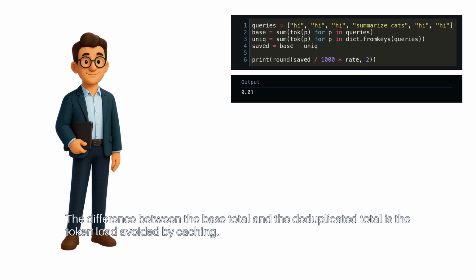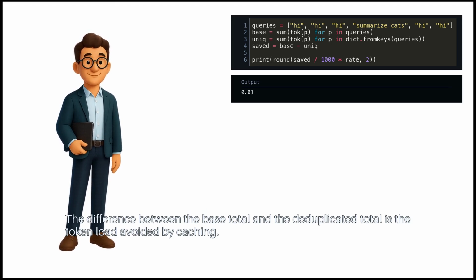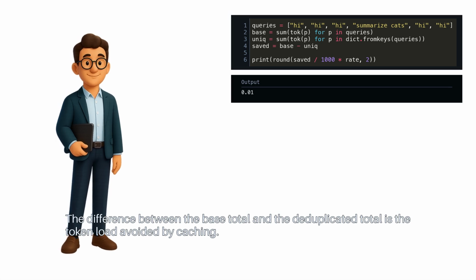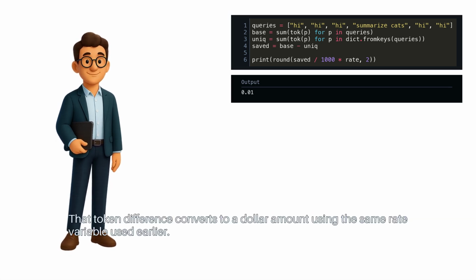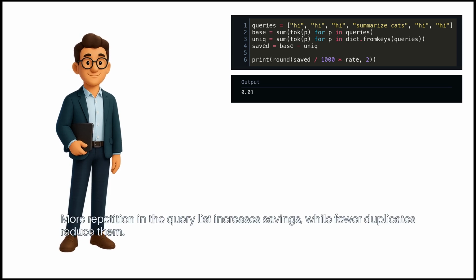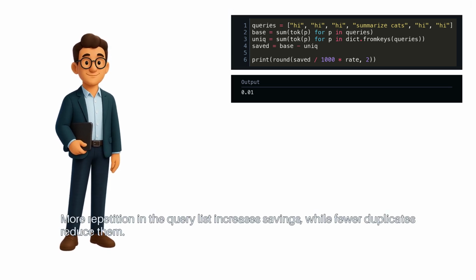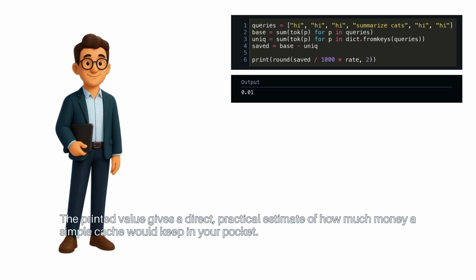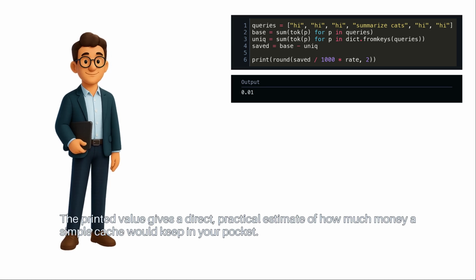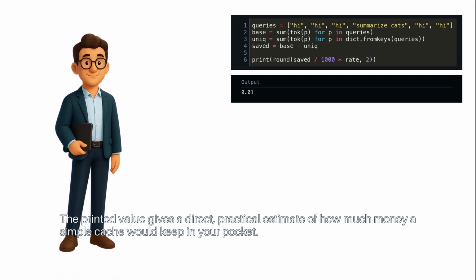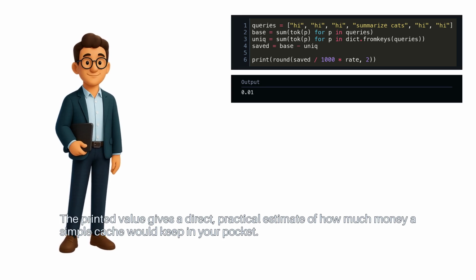The difference between the base total and the deduplicated total is the token load avoided by caching. That token difference converts to a dollar amount using the same rate variable used earlier. More repetition in the query list increases savings, while fewer duplicates reduce them. The printed value gives a direct, practical estimate of how much money a simple cache would keep in your pocket.